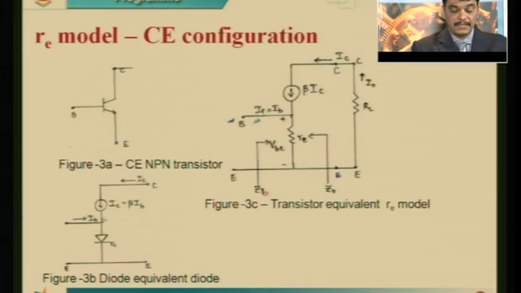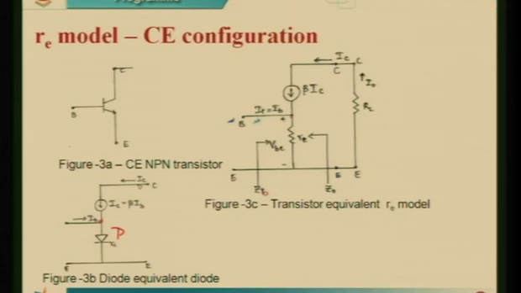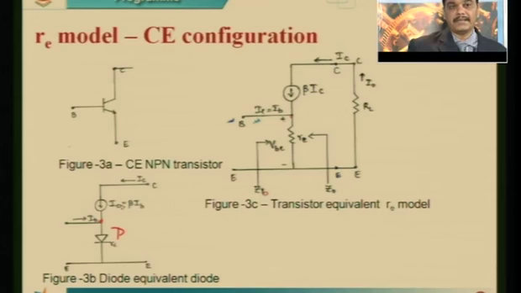In figure 3B, the base emitter junction is replaced with a diode D, because the base emitter junction is forward biased, and the collector base junction is reverse biased, so it is replaced with a constant current source IC, where the input current is IB and the output current is IC. From the transistor current gains, we already know that IC and IB are related by beta.